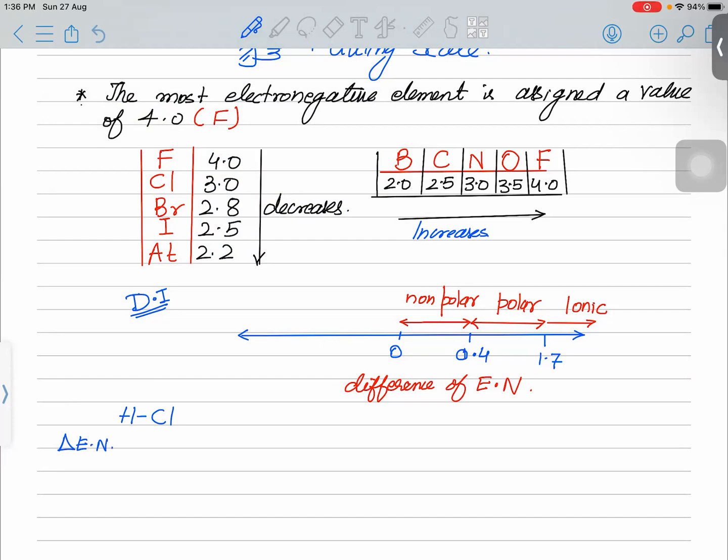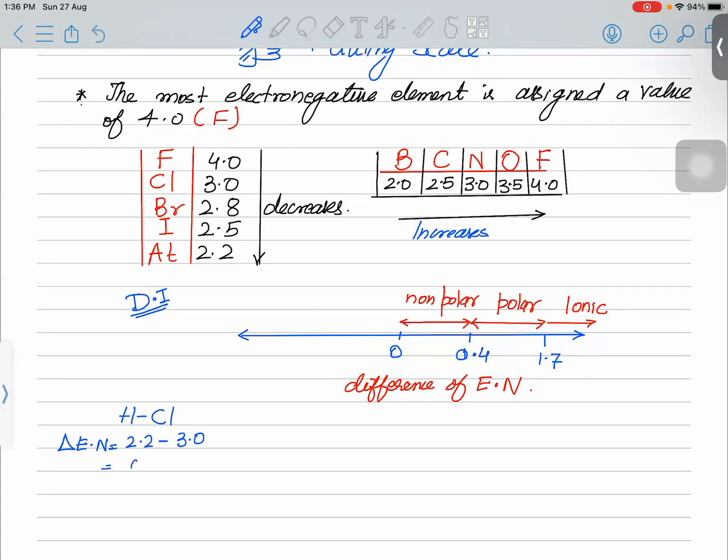Do you know the electronegativity of hydrogen? I think it is 2 point something. Can you find the electronegativity of hydrogen from Google? Is it 2.4? I'm not sure. 2.2, sir. Okay, so hydrogen is 2.2 and chlorine is 3.